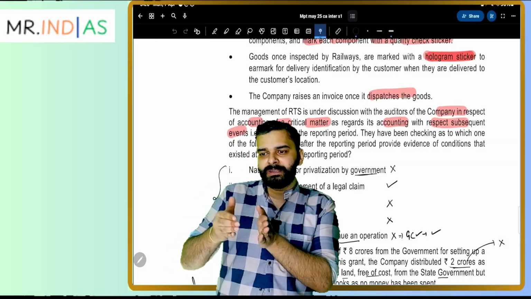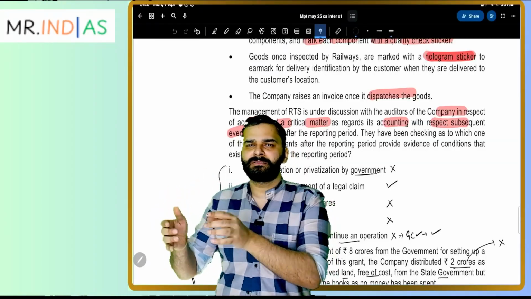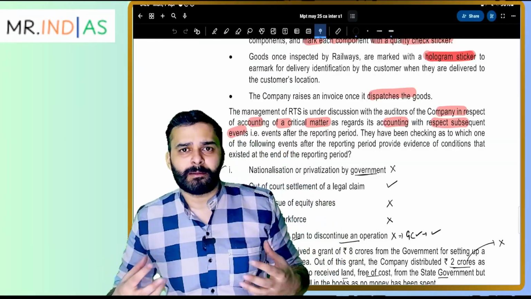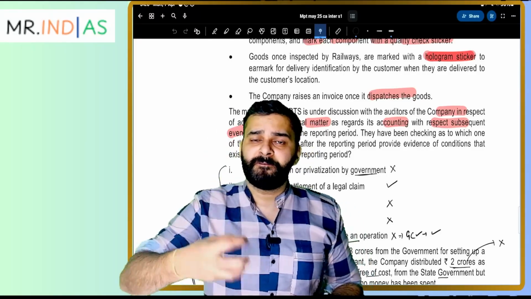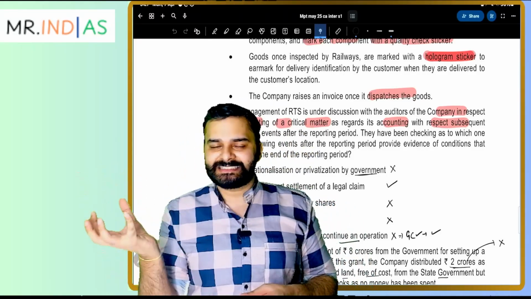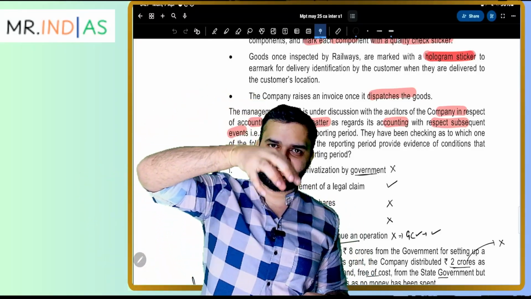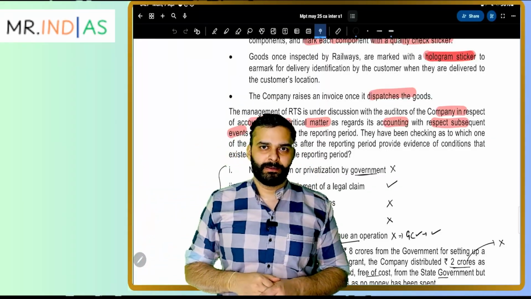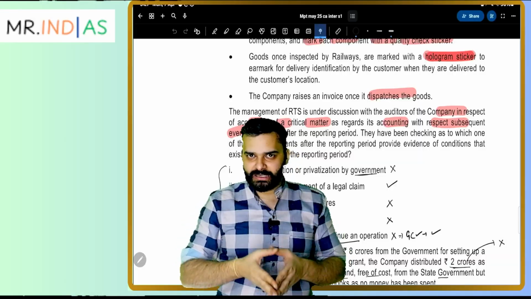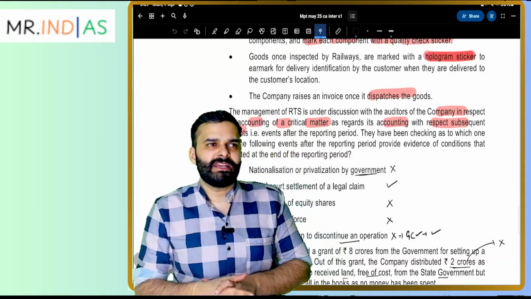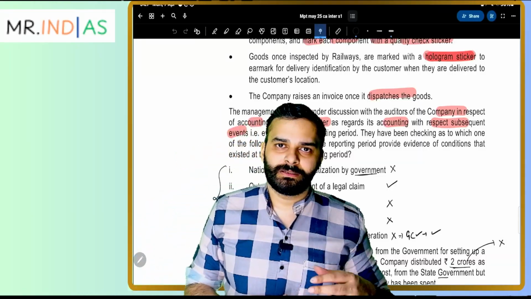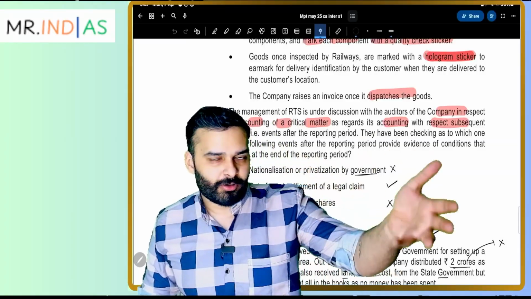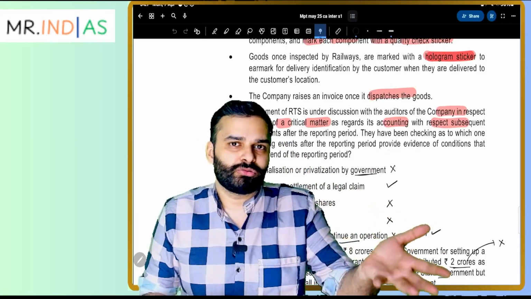Once the time lapses, month by month, some events or evidences appear subsequently that give you evidence that these conditions actually existed on the balance sheet date. For example, someone filed a lawsuit against you, but you are in a dilemma whether this lawsuit will give you an obligation to pay damages.